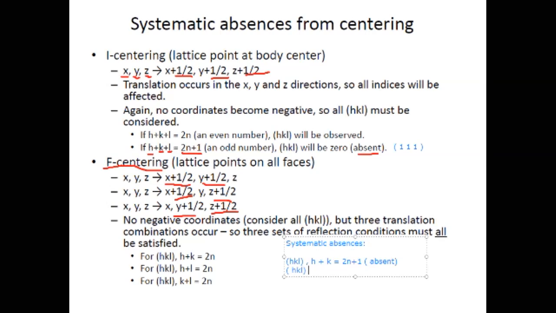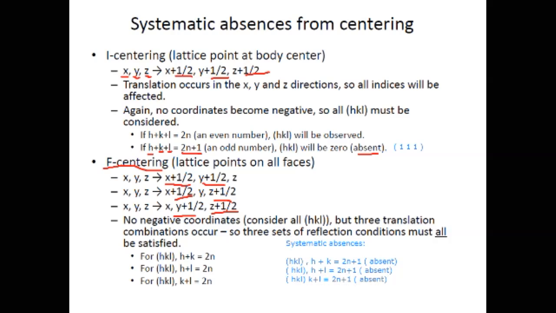HKL, H plus L equals 2N plus 1, absent. And then HKL, K plus L equals 2N plus 1, absent. So all three of these have to be systematically absent for you to have F centering.